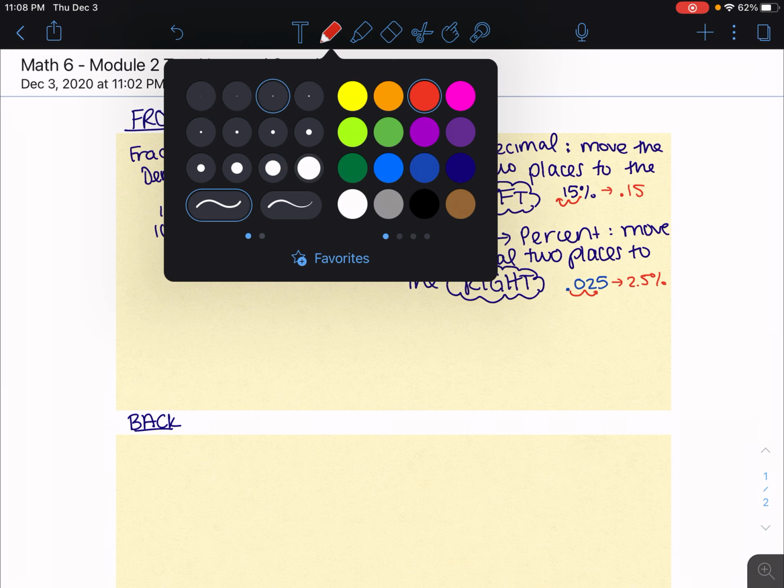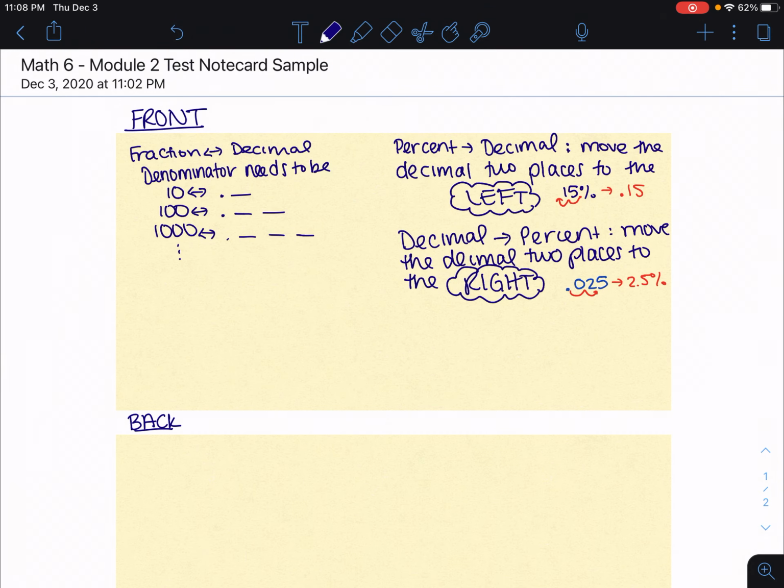Percents to fractions. We're going to do the percent out of 100. So all percents are out of 100.